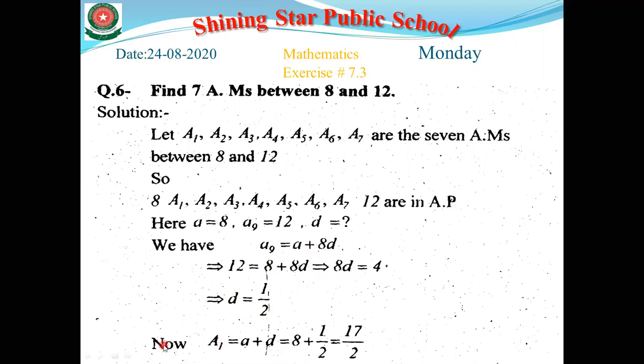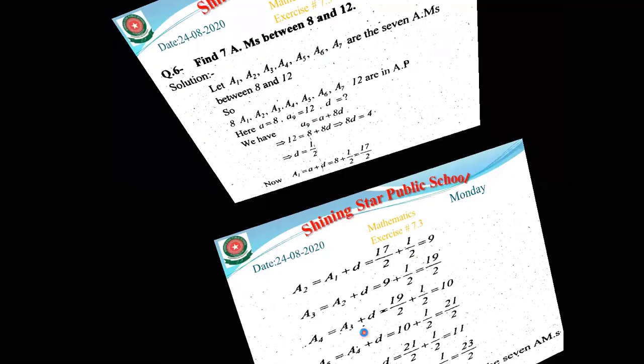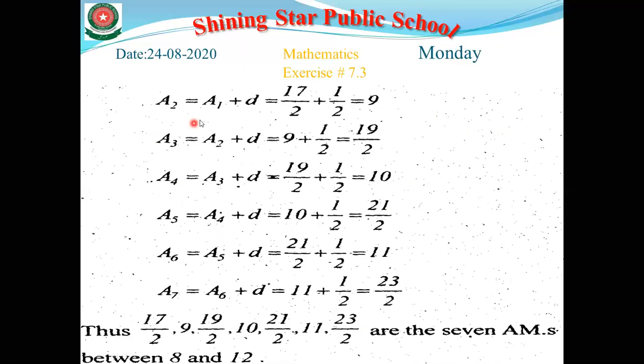Simple. Now we have to find A1. For finding A1, we know that it is A plus D. Now A is 8 and D is 1 over 2. 8 plus 1 over 2: 2 times 8, 16. 16 plus 1, 17. 17 over 2.